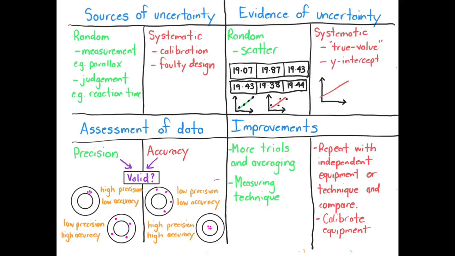The other final thing I'd really like to mention here is we really need to focus on significant sources of error or uncertainty. There's a lot of potential errors with any experiment. We could come up with a really, really long list of uncertainties for any experiment, but it's really important that we focus on the ones that are most significant, are most likely to affect our results. So, for example, talking about the calibration of a stopwatch, I've never come across a stopwatch that's so poorly calibrated that it's likely to affect a set of results.